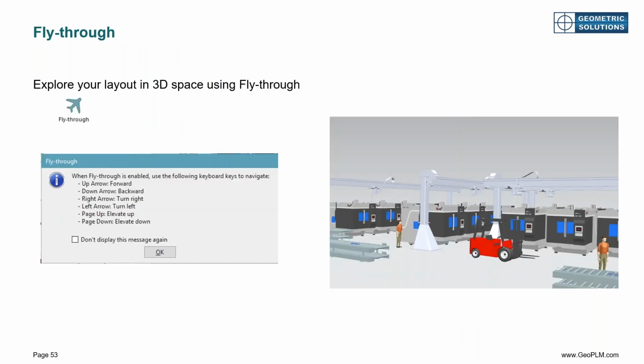Another thing we can do is now fly-throughs. Using your arrow keys, your up arrow, your down arrow, your left and right, I can fly through the plant and walk through it. I'm using my set of eyes walking through the plant so I can see it from that level.